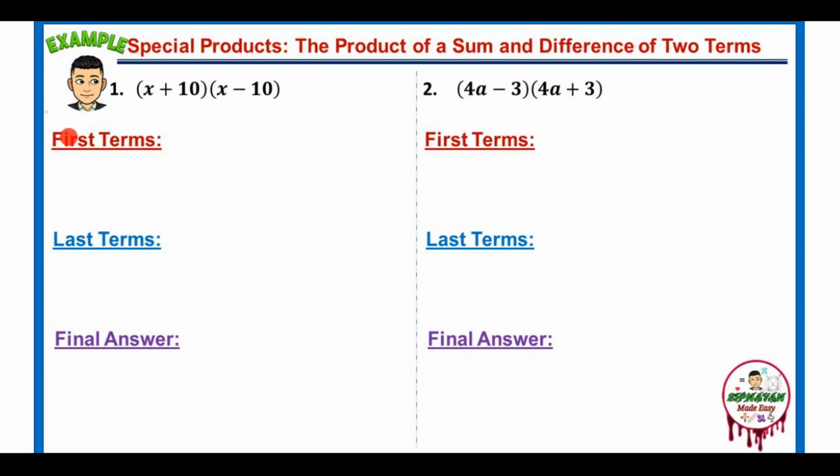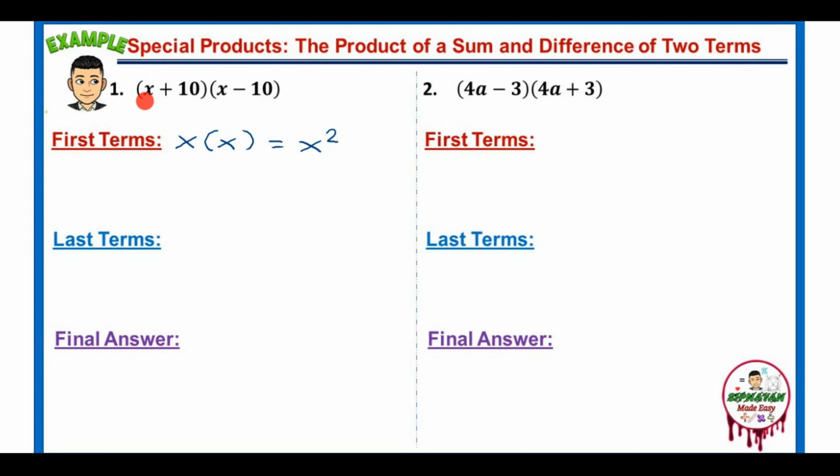If that is the case, to find their product, we have to multiply their first terms and their last terms. In x plus 10, the first term is x. In x minus 10, the first term is also x. Multiplying x with x, the answer is x squared.